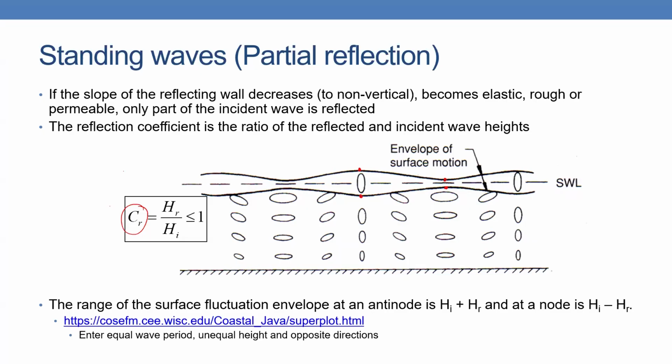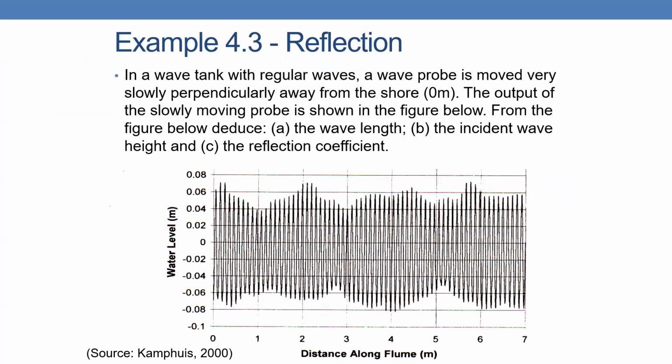Then we look at the example over here. In a wave tank with regular waves, a wave probe is moved very slowly and perpendicular away from the shore, which is 0 meter. The output of the slow-moving probe is shown in the figure below.